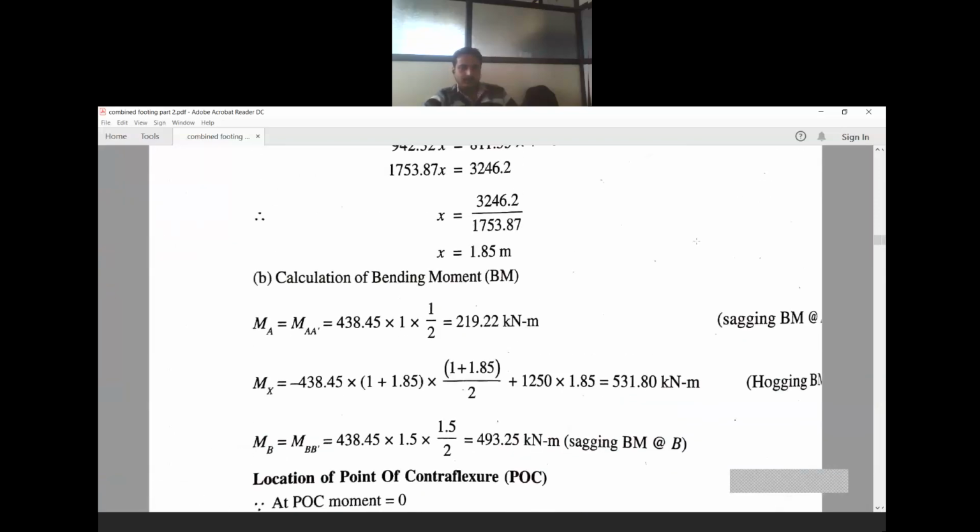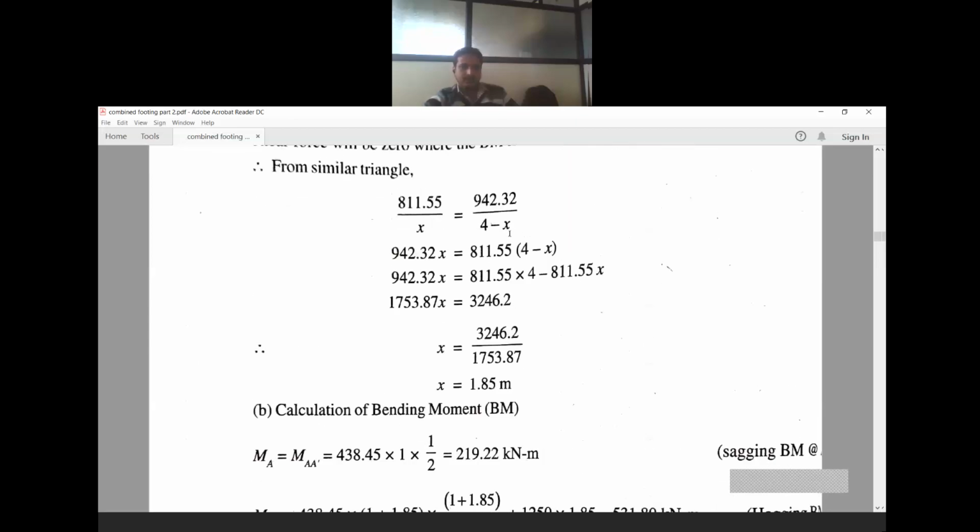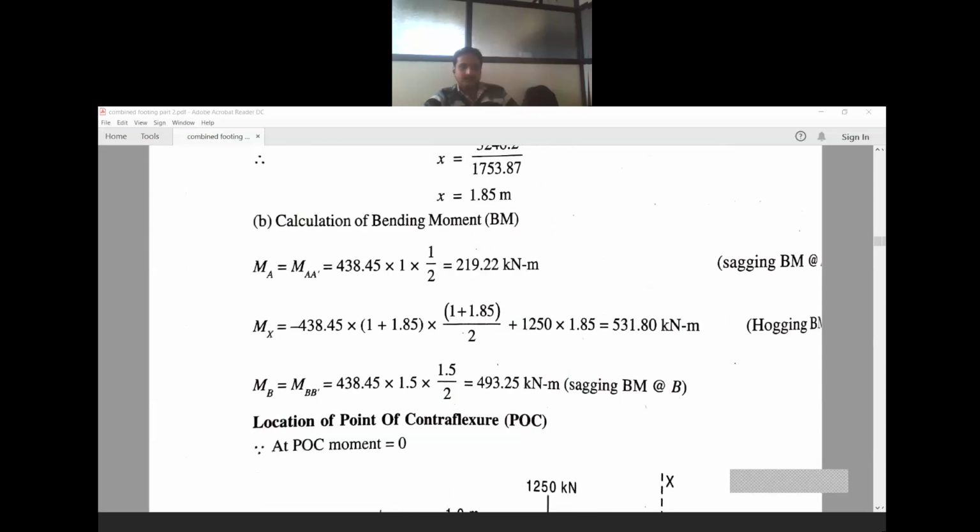Yes, that is the equation I have just written for you. Now observe, the x value we get is 1.85 meter. So this is where the maximum bending moment will occur.